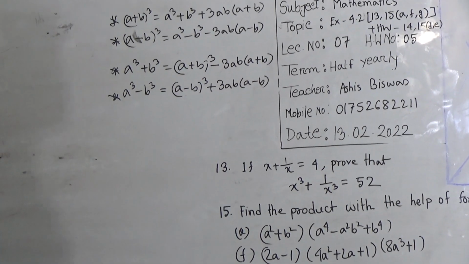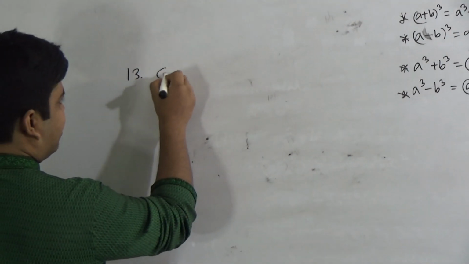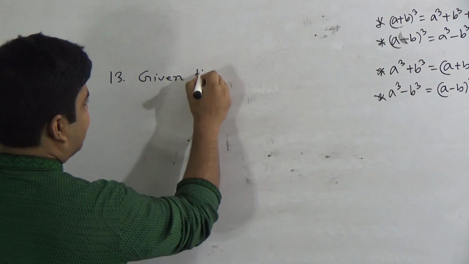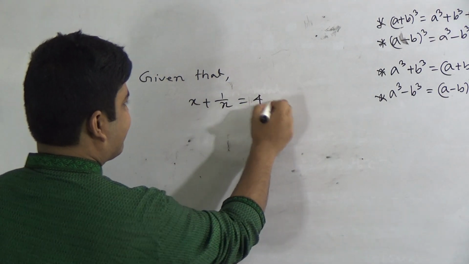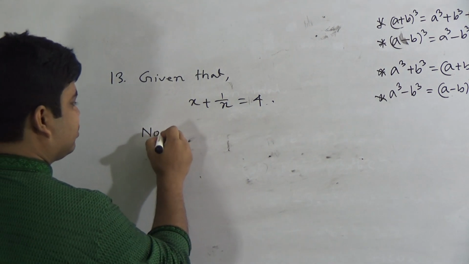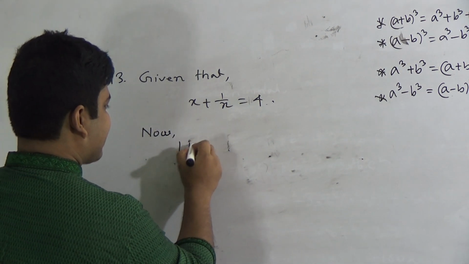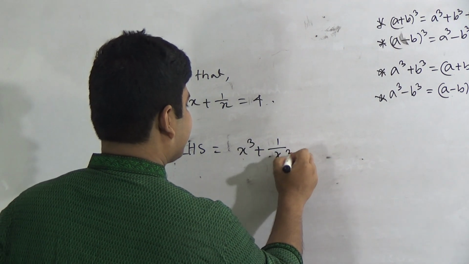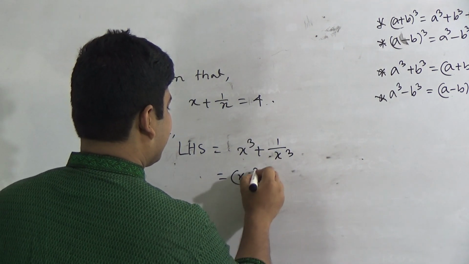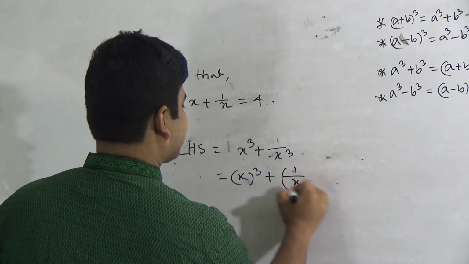So, in order to solve this problem, at first we write given that x plus 1 by x equals 4. Now, write left hand side. Left hand side is x cube plus 1 by x cube, so x whole cube plus 1 by x whole cube.